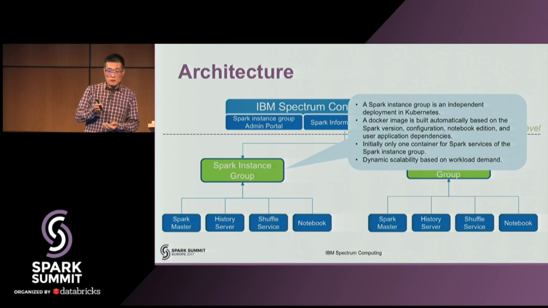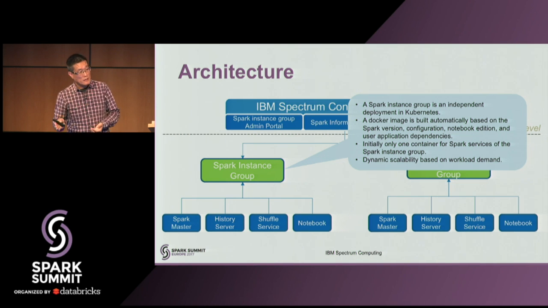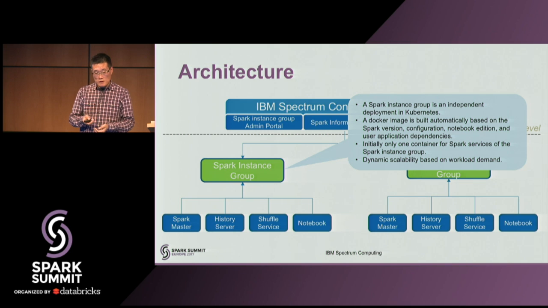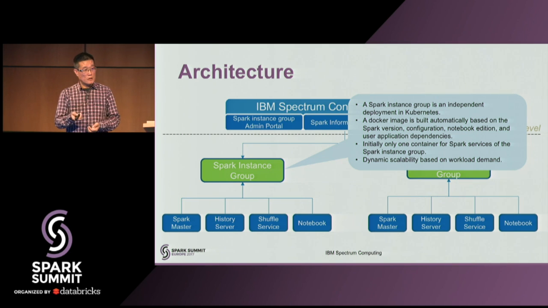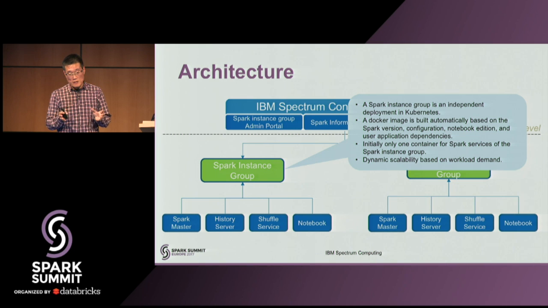We can look at it from different perspectives. The diagram shows that from the Spark service or Spark components perspective, one Spark instance group consists of its own Spark master, history server, even shuffle service, and a certain edition of notebook.